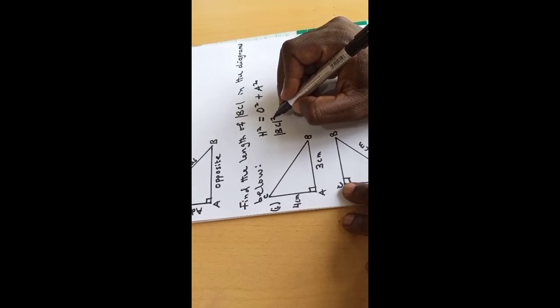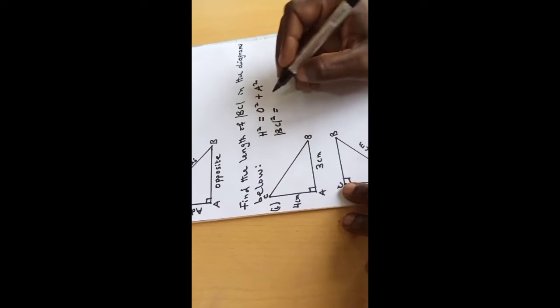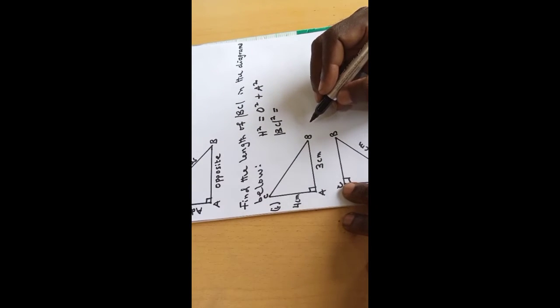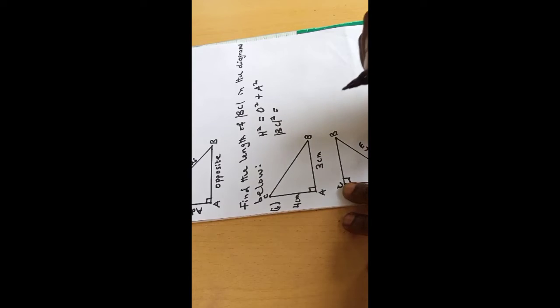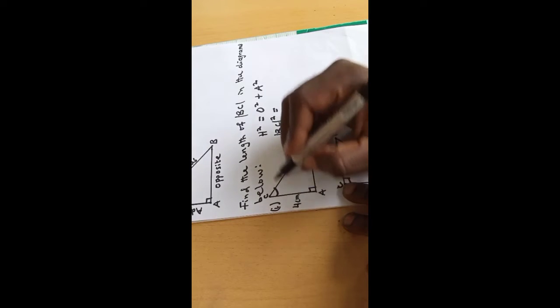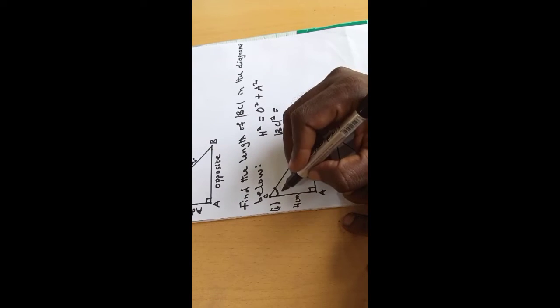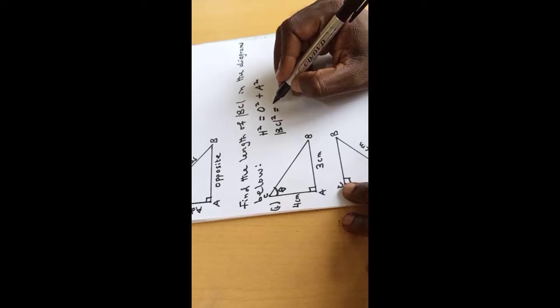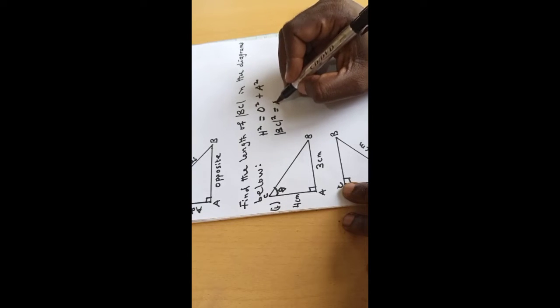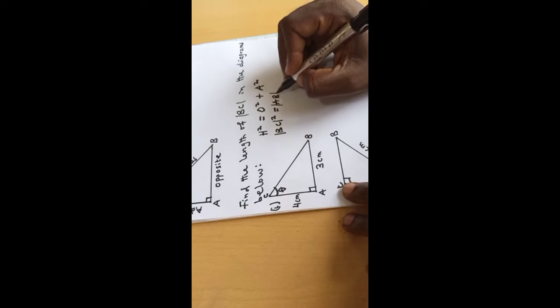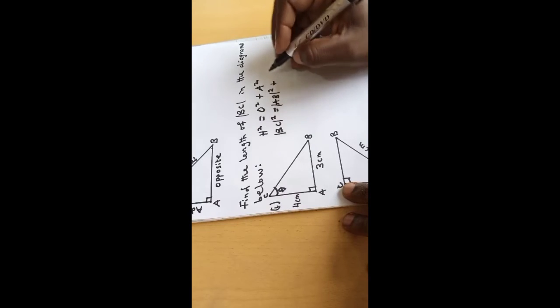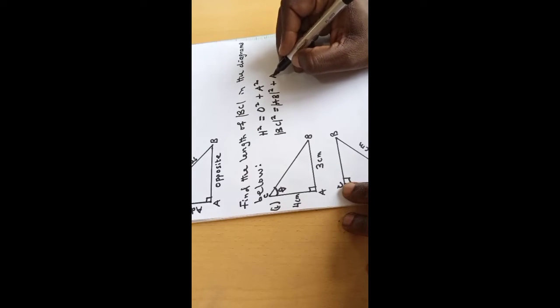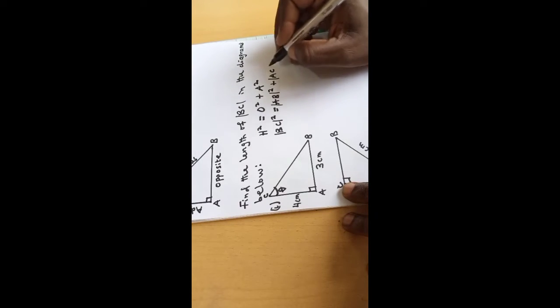So BC squared will be equal to our opposite. Let me just say, if this is our angle, let's say this is theta, then our opposite squared will be AB squared, plus our adjacent squared, which is AC squared.